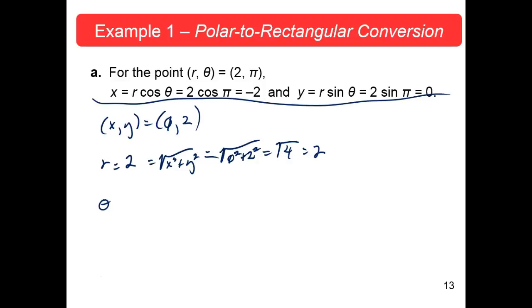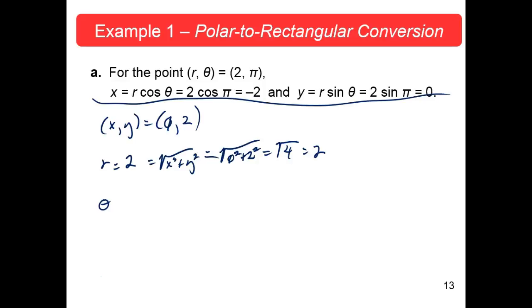This is tough, I think. It's not 0. If this would have been 2, 0, you'd have been right on the money. It would have been 0. Theta would be 0.